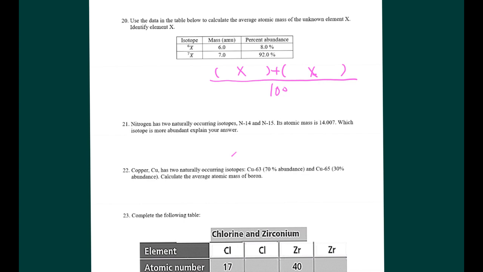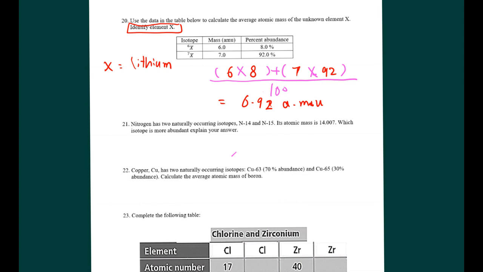The first mass is 6, its abundance is 8, second mass is 7, its abundance is 92. And you will get your answer in atomic mass unit. After doing that, you should look for this atomic mass in the periodic table to be able to recognize the element, because he said identify the element, so element X is lithium.